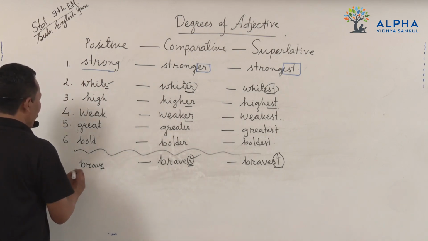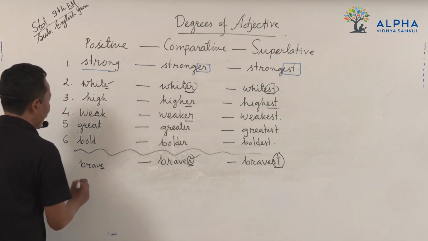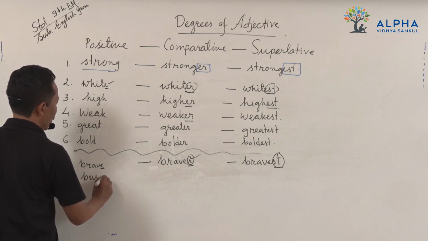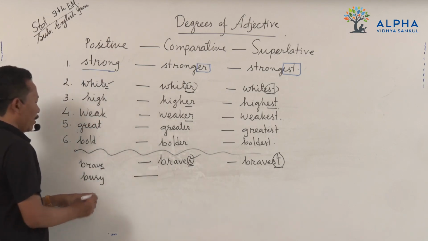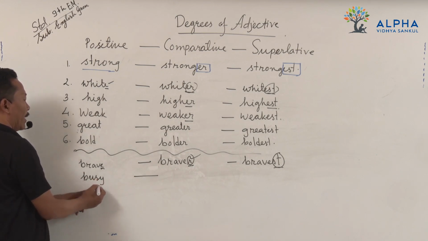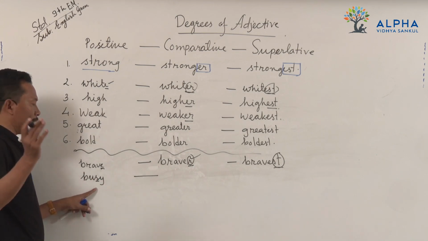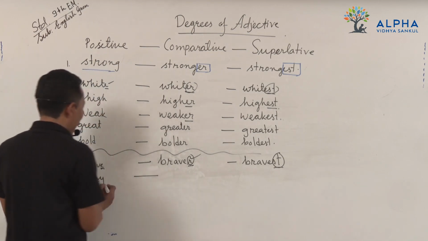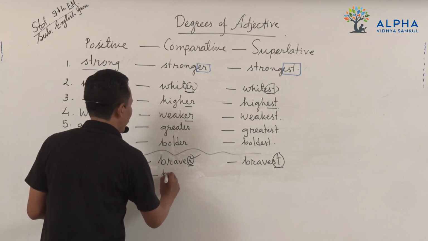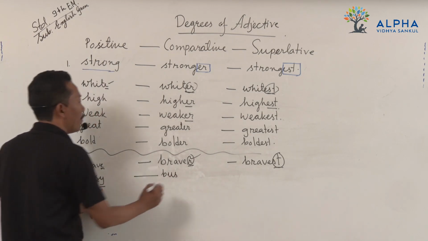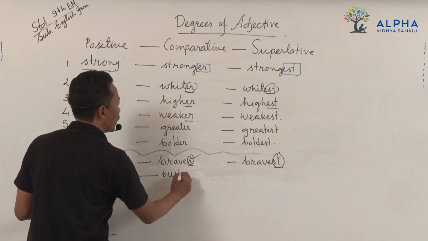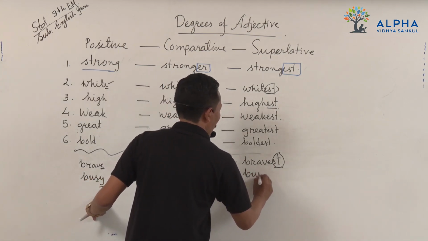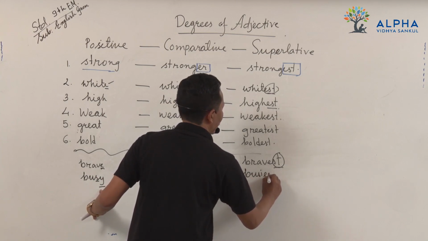And sometimes some words ending in y, like busy, with a consonant just before the y, then this y becomes i, and then we add er and est. This y becomes i. Busy, this y becomes i, and the rule is er and est.